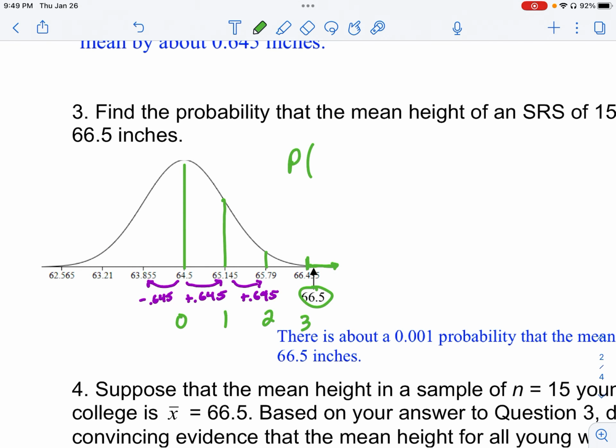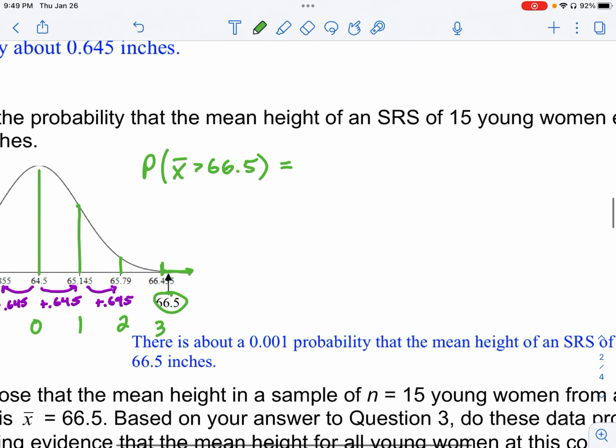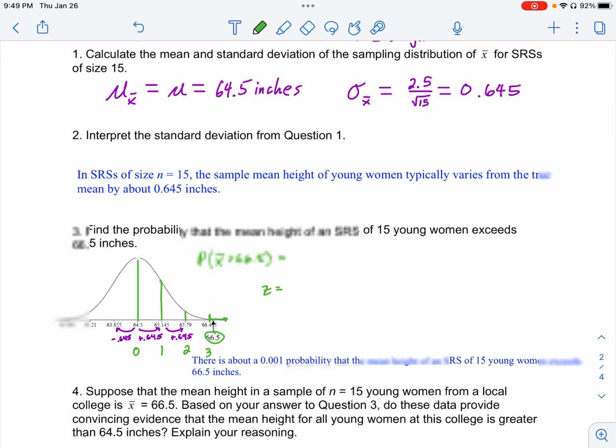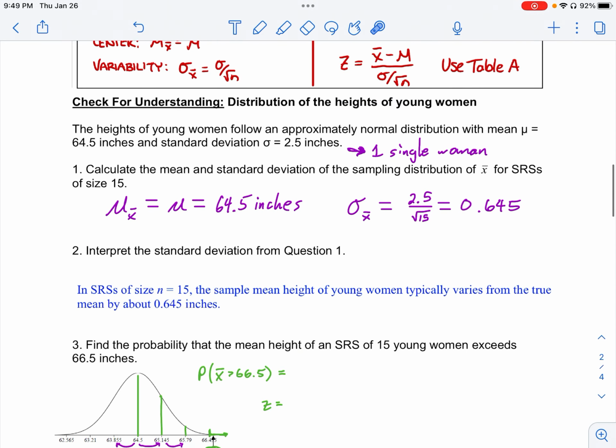So the probability that I would get an X bar, an average of a sample, that is greater than 66.5 is what? To do that, I need to find the z-score. The formula here in the quick notes for a z-score is right here. Okay, so let me see if I can keep them both in the picture.